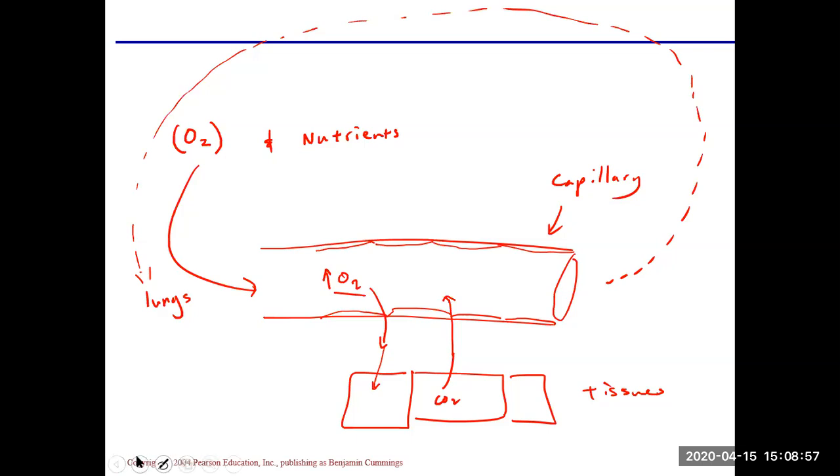So let's take a look at what blood is made out of. Blood is the body's only fluid tissue, and it's made out of formed elements and plasma.